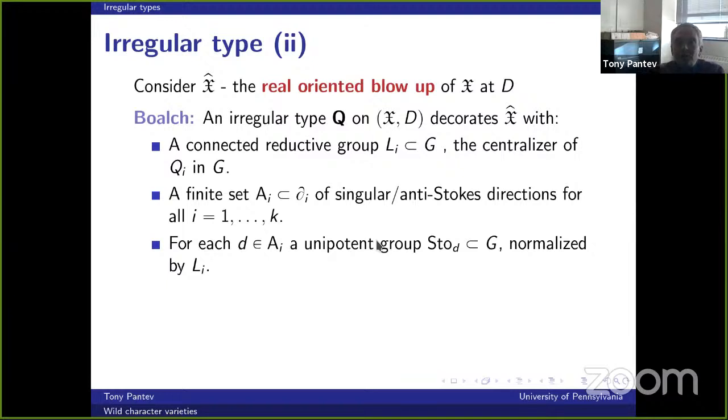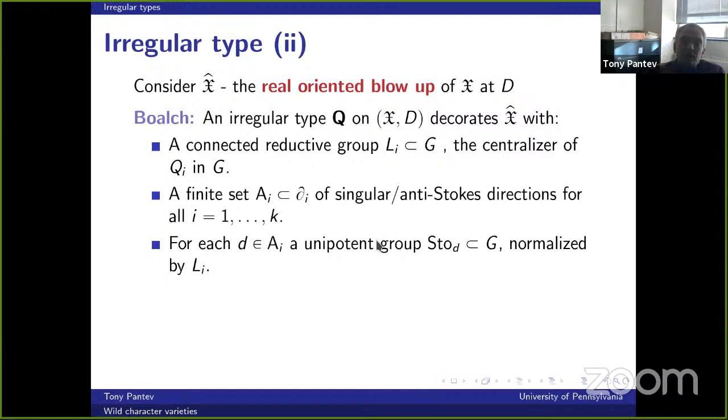It also gives you a finite subset in the boundary circle. So this breaks the circle into arcs, and the points that break the circle into arcs are called the anti-Stokes directions. And for each anti-Stokes direction, you also get a unipotent subgroup corresponding to that direction in G, which is normalized by the reductive subgroup Li.